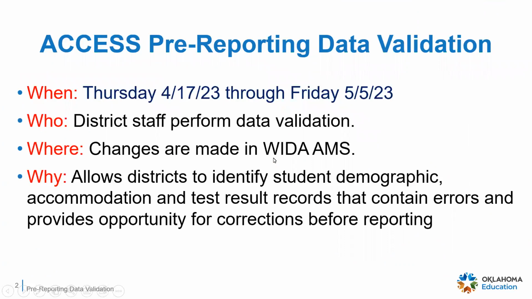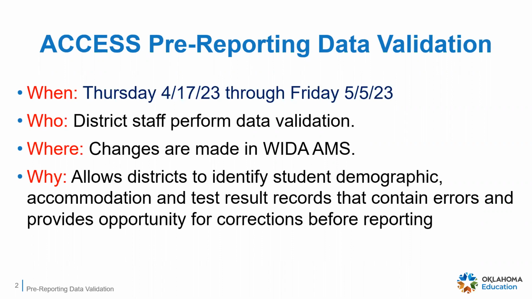So kind of the gist of what we are doing, the who, what, where, when, why, how, all the things. The window opens on Thursday, April 17th and goes through Friday, May 5th. This is done by district staff. You all go in and do the data validation in WIDA AMS. That is where the changes are made.